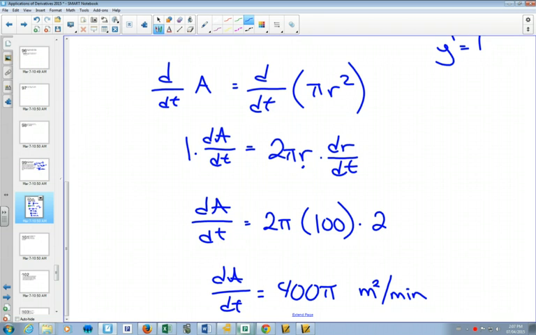Which, if you think about that, if pi is 3.14, this is a little bit more than 1200. At that moment, when the radius is already 100 meters, in the next minute you could expect about 1200 meters squared more of damage if this was a bomb, or water ripple if this was a water ripple going out.